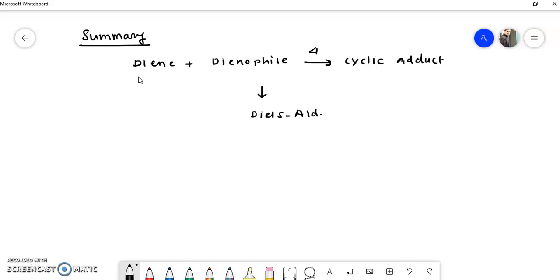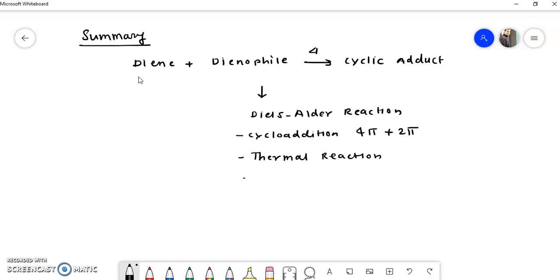Remember, it is a cycloaddition of a 4 pi electron system, the diene, and a 2 pi electron system, the dienophile, so it is also called a 4 pi plus 2 pi cycloaddition reaction. The reaction is a thermal reaction because it is carried out in the presence of heat. And the reaction is also stereospecific. Remember, stereospecific means the stereochemistry of the diene and dienophile is maintained in the product. So this is all about the Diels-Alder reaction.